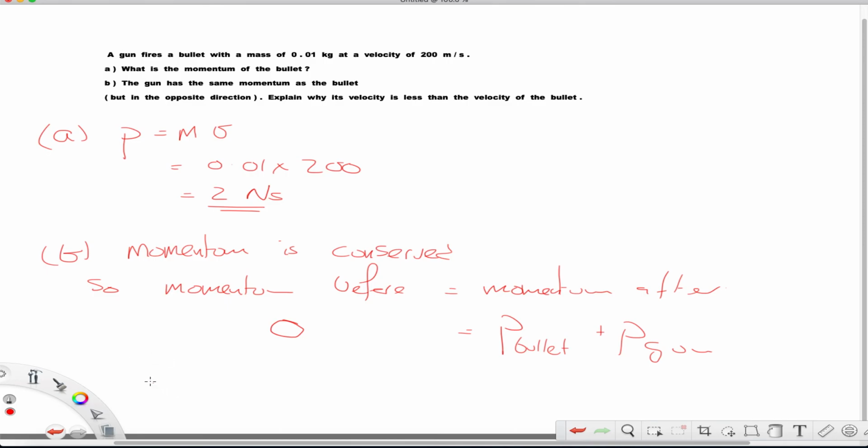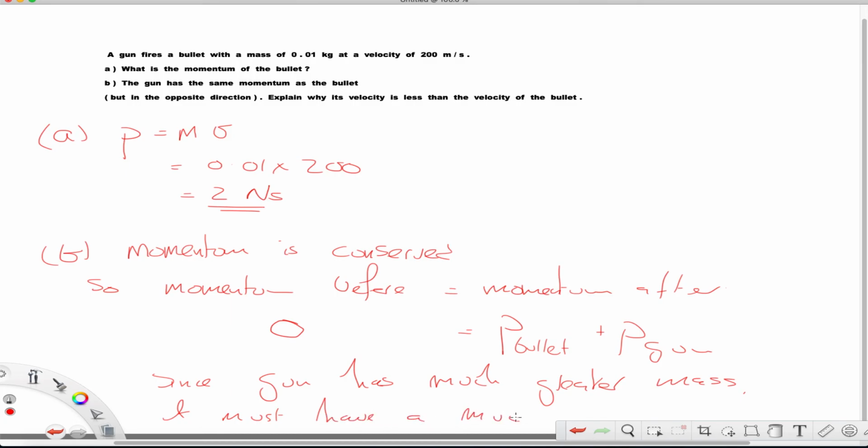Now, since the gun has a much greater mass, it must have a much smaller velocity. So, easy enough.